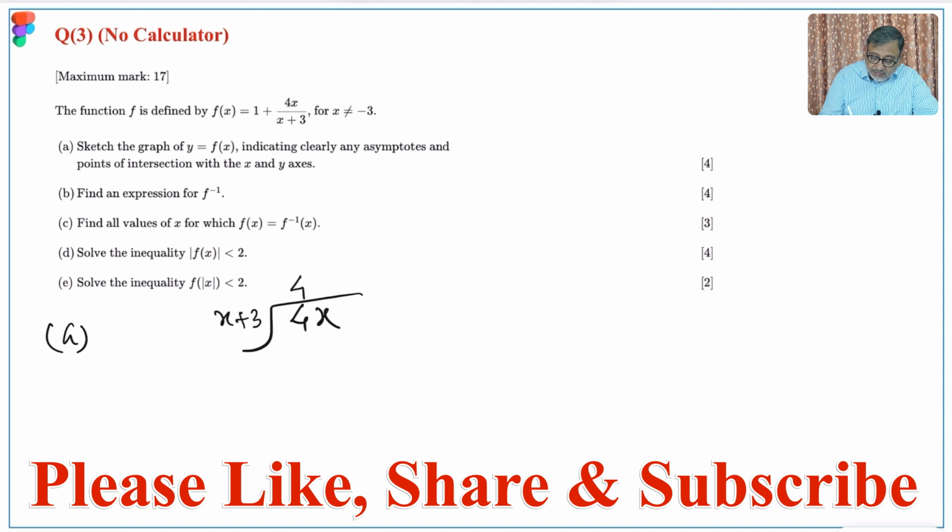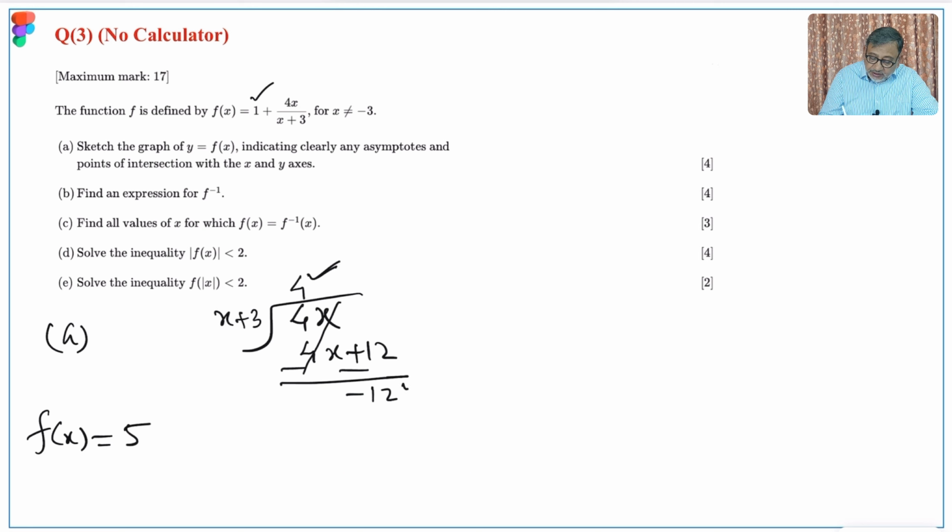I will multiply by 4 in the quotient, so 4x plus 12. When I change the sign, this will get cancelled, and negative 12 is remaining. So 4 is the quotient. So 1 here and 4 here will become 5. So the actual function will be f of x equals 5 minus 12 divided by x plus 3. Now it is very clear, because the integer part is separated from the fractional part.